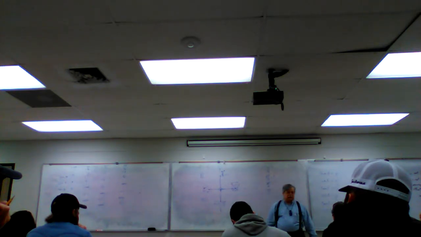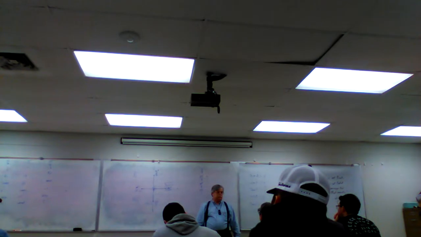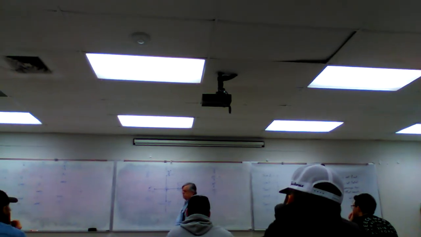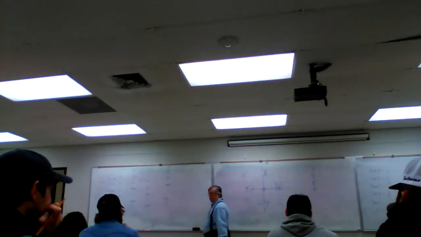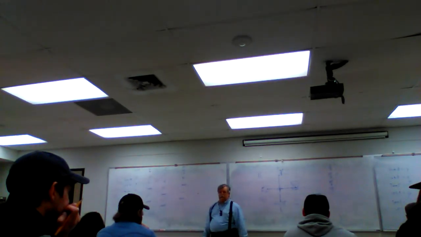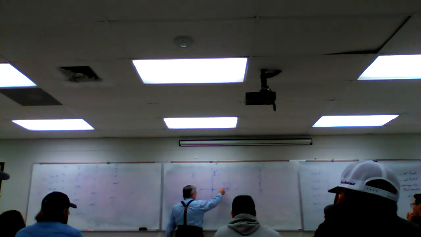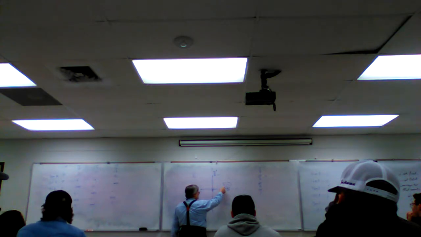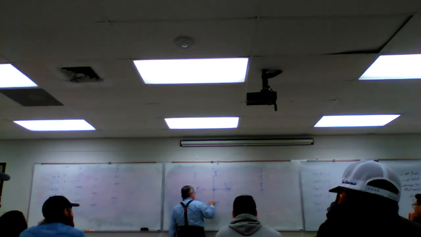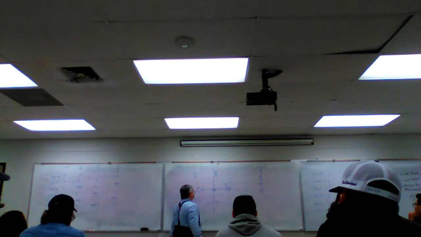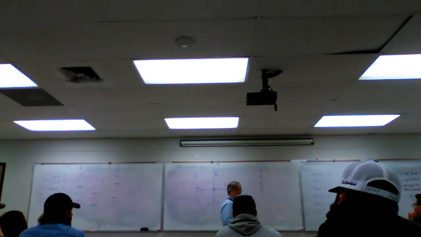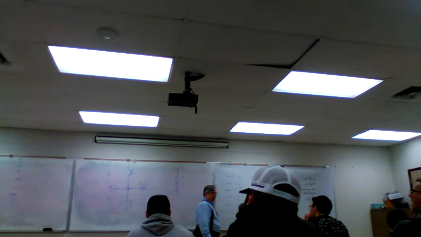Next one would be 5 pi over 2. Where would that be? Basically, we just count them. We've got 1, 2, 3, 4, 5. 5 pi over 2 and pi over 2 are the same points on the unit circle.